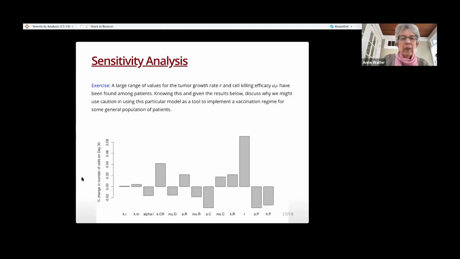Great. So we notice that a large range of values of tumor growth rate and killing efficacy, AP, have been found among patients.